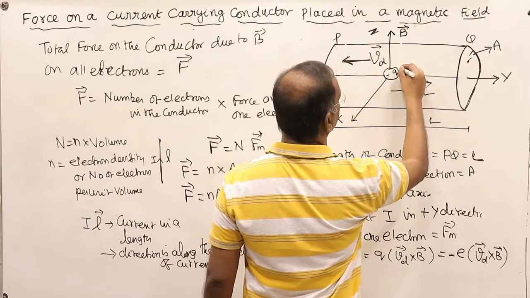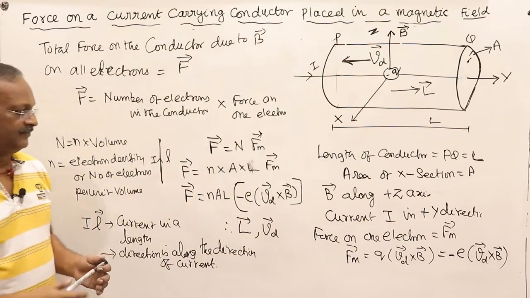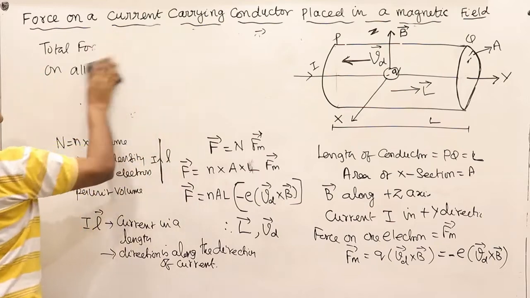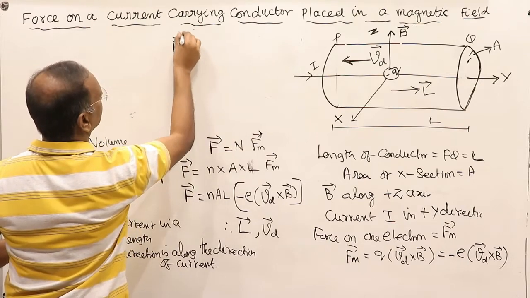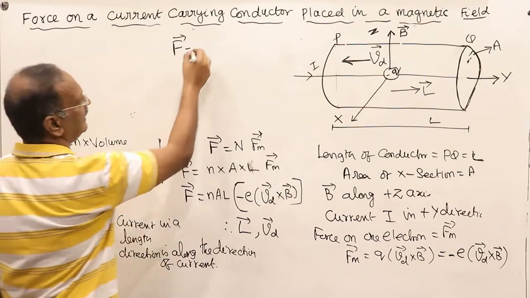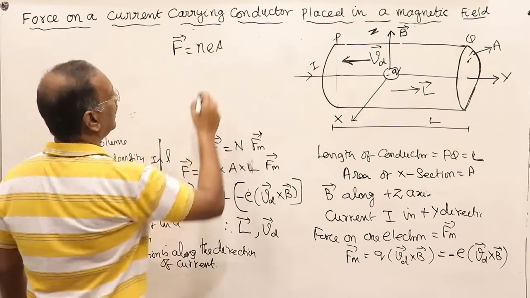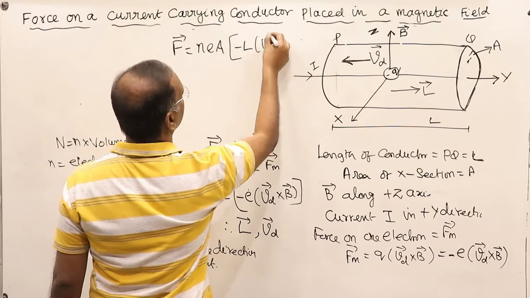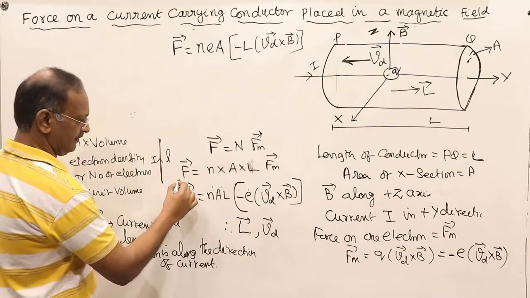So we can find the net force on the charge, which is equal to N, we will take N E A Vd, and we take L inside, minus L into Vd cross B vectors, from this expression.